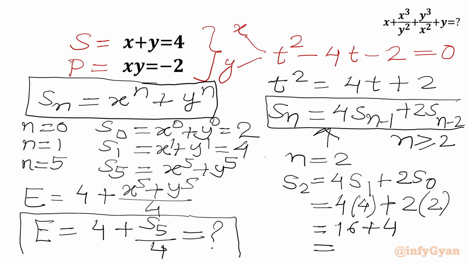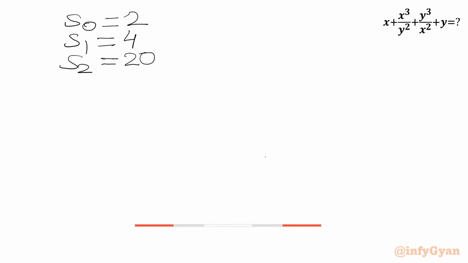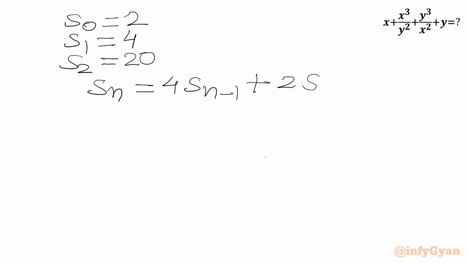So S2 is 20. Now we have S0 is 2, S1 is 4, S2 is 20. And we have the general Sn equal to 4 times Sn minus 1 plus 2 times Sn minus 2.